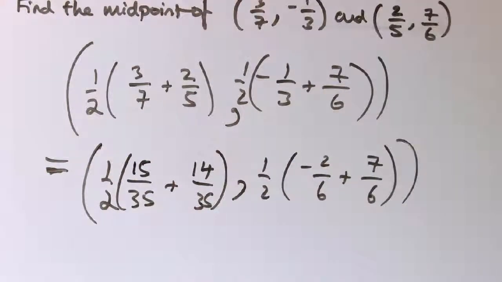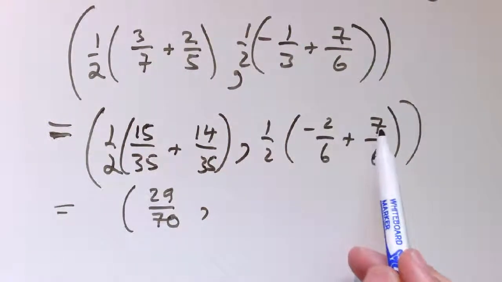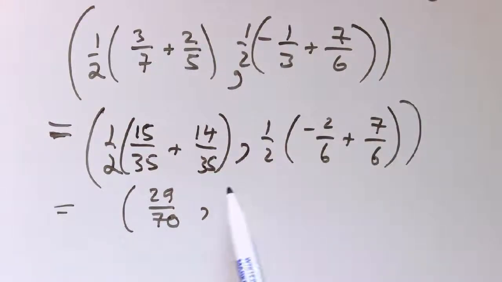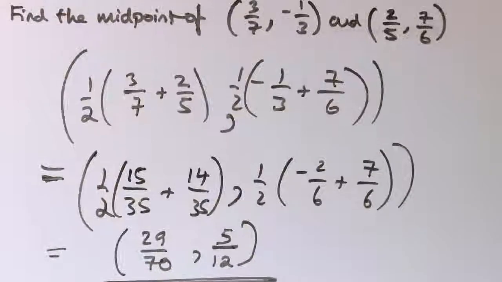So we've got 15 plus 14, which is 29, and dividing by the 2 makes it 29 over 70, and this is minus 2 plus 7, which is 5/6, and dividing it by the 2 then makes it 5/12. So that's the midpoint of those 2 points that we started with.